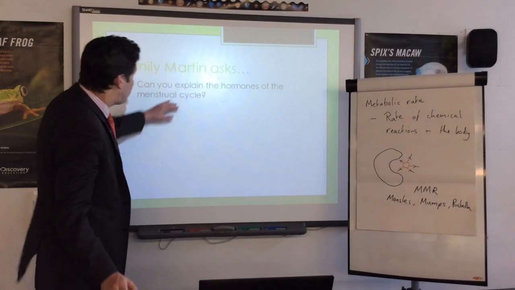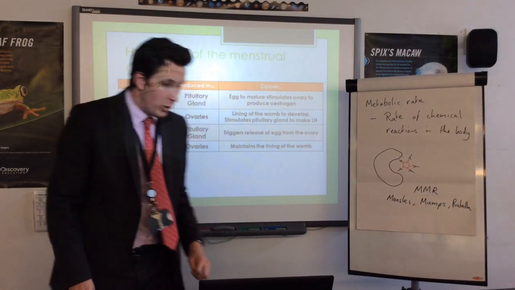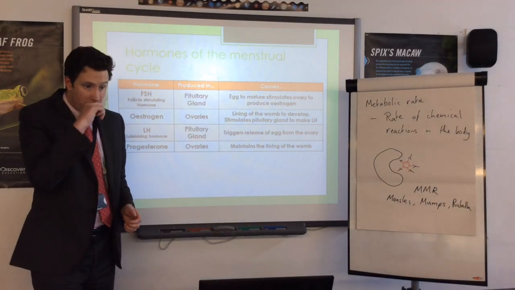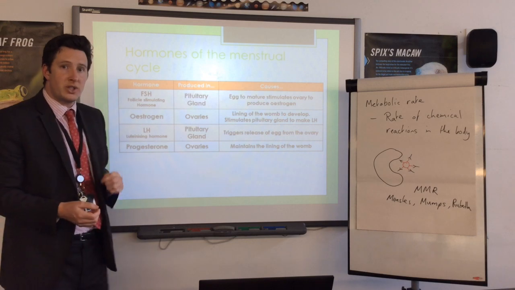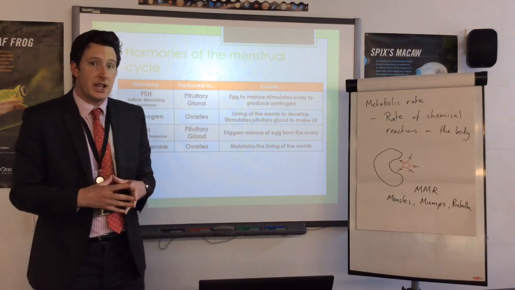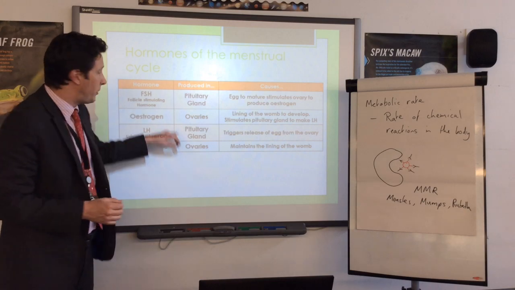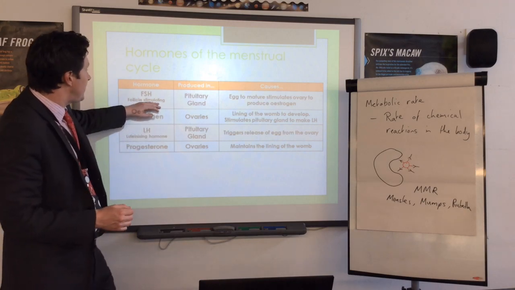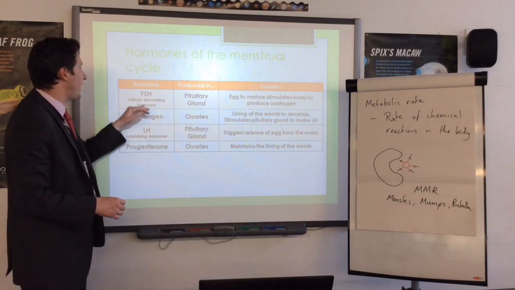So looking at some of the specific hormones in the menstrual cycle, this table, which is in your revision guide, shows it pretty nicely. Okay, you've got FSH, which is follicle stimulating hormone, it stands for. You can remember it, Ms Charbonneau told me this by the way, because it stimulates the egg to mature. So follicle stimulating hormone.